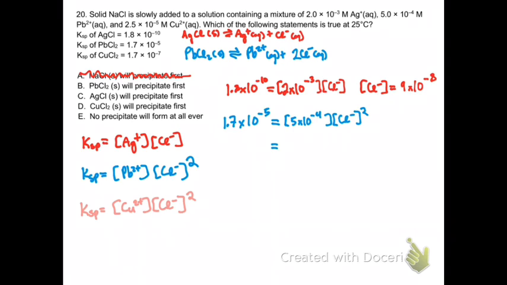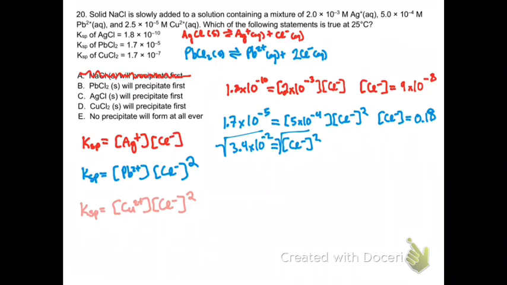So dividing both sides by the 5 times 10 to the negative fourth, we'll get that the Cl minus squared concentration to reach saturation is equal to 3.4 times 10 to the negative 2. Then we're going to take the square root of both sides and get that the Cl minus concentration that we would need to reach saturation is 0.18. And that's an awful lot of chloride.